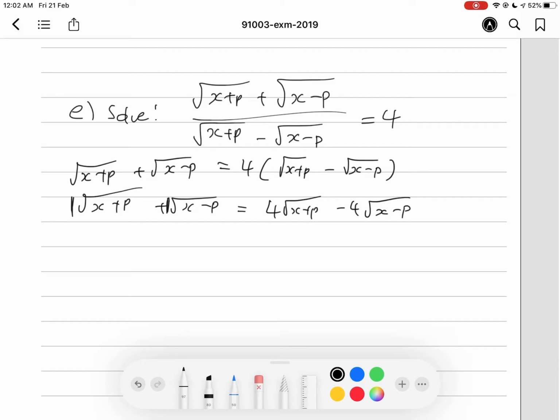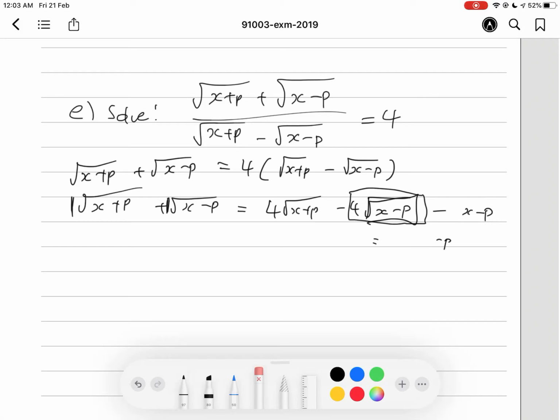If we move square root of x minus p to the other side, it becomes minus square root of x minus p. And right now you have 4 square root of x minus p. If you minus square root of x minus p over here, it will just become negative 5 square root of x minus p, because this thing is the same as this term here.